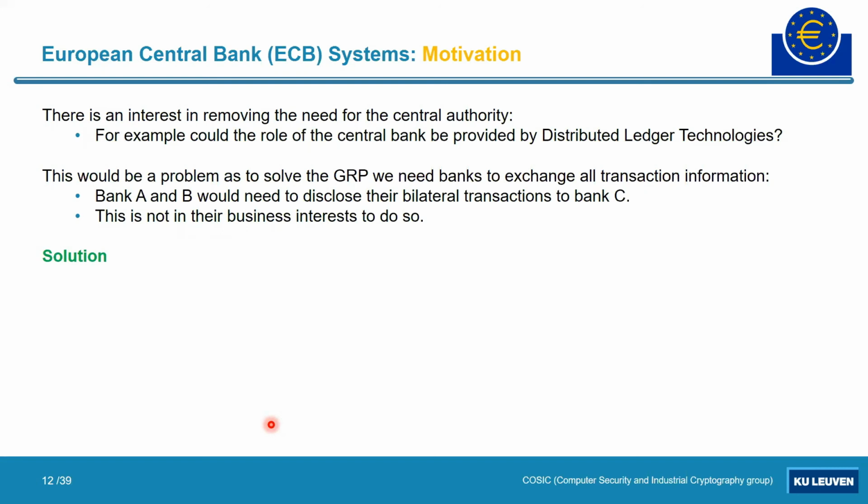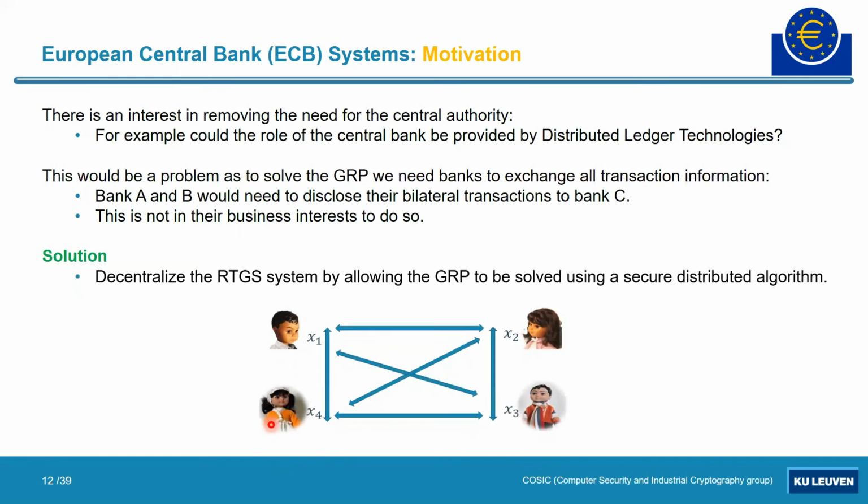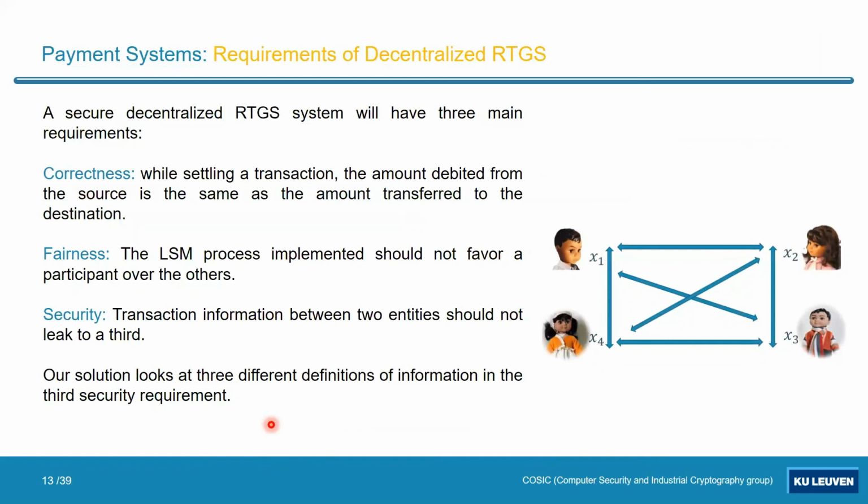The solution to this problem is decentralizing the RTGS system, which means that with a secure distributed algorithm, we can solve GRP in a distributed manner. What are the requirements of this distributed RTGS? We have three requirements. The first one is correctness, the second one is fairness, and the third is security.